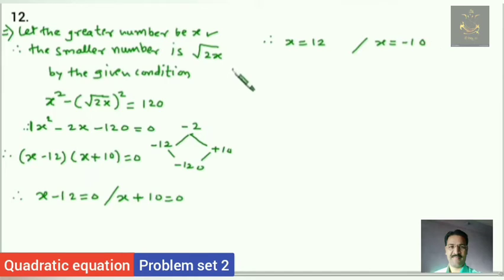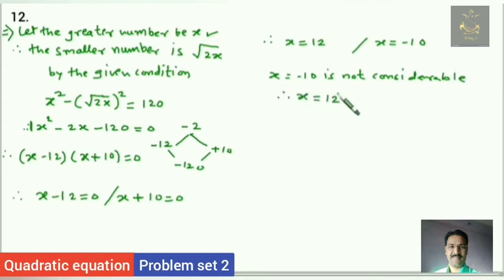That minus 10, negative numbers we cannot take here because root is there. The root of any negative number is not possible. Therefore x equal to minus 10 is not considerable. That means we can think about x equal to 12.